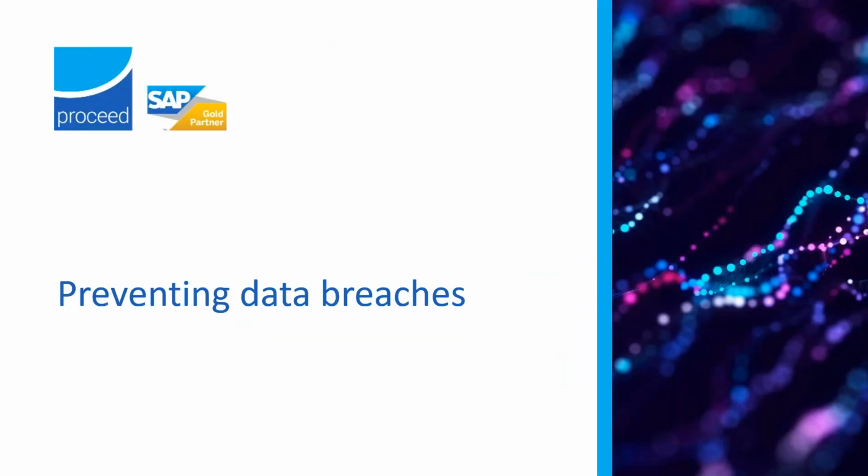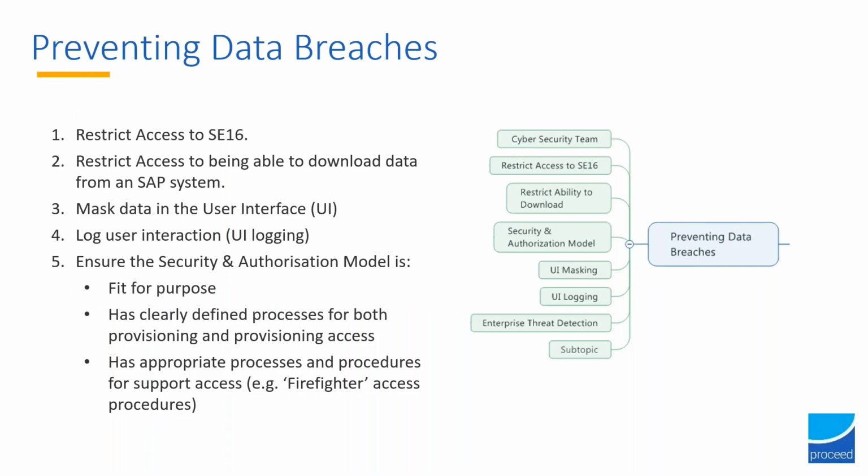So lastly, let's look at data breaches. This isn't strictly speaking ILM, but there are some tools in the box that are available to help you understand how to keep data safe and if there's been a breach. There are some things you should think about in terms of breaches, particularly around access to things like SE16 or SE16N.